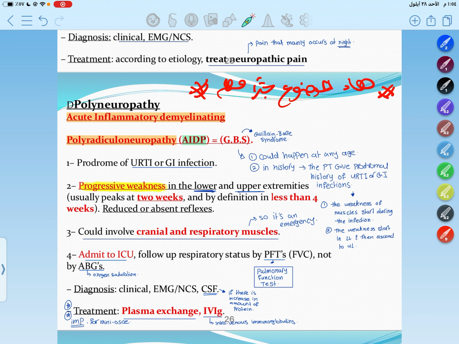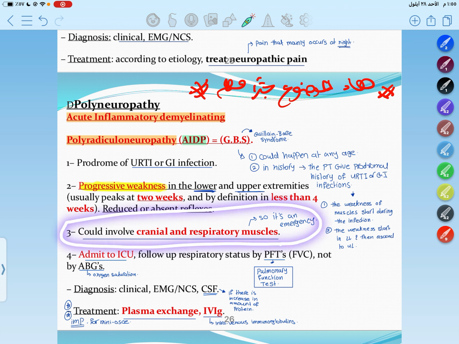And that weakness is a lower motor neuron weakness, associated with reduced or absent reflexes. Sometimes the weakness could involve the cranial nerves or respiratory muscles, and this is a very critical and dangerous condition.